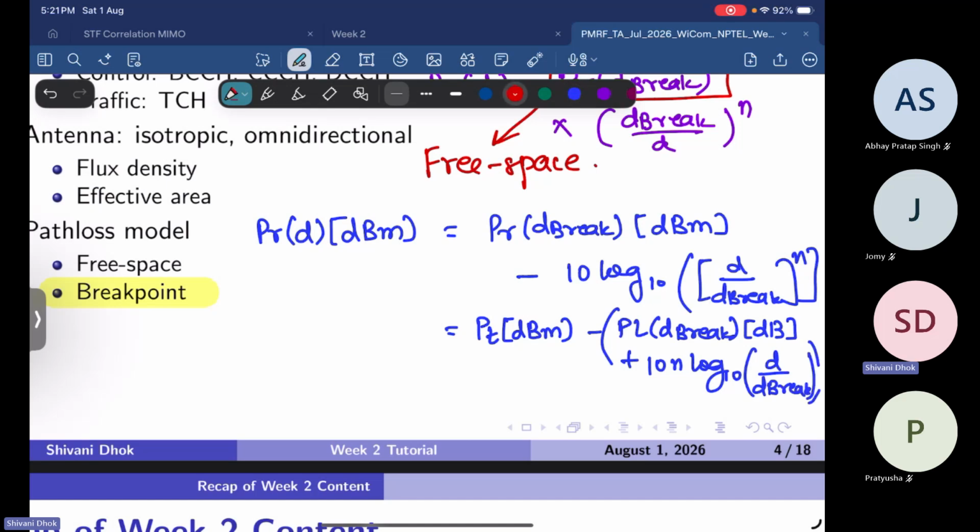Now the part after the first minus sign is basically the entire path loss at distance d in dB. So this is your breakpoint model.